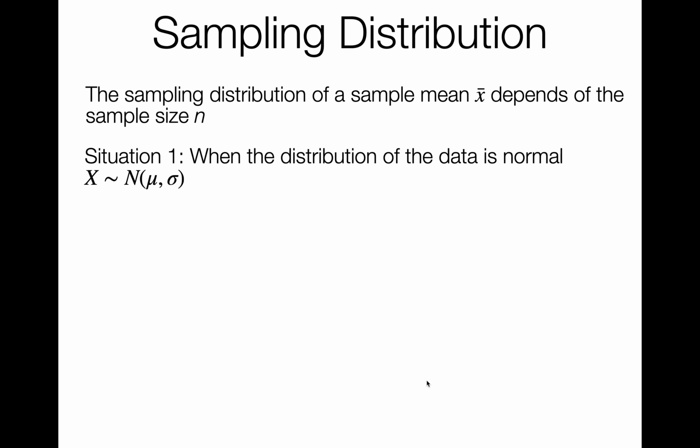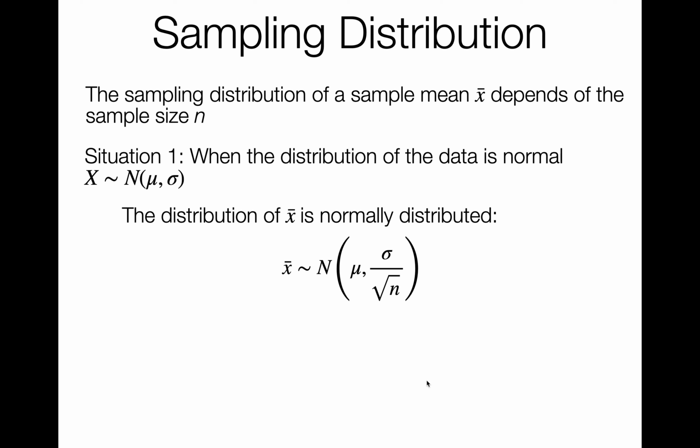When X is normal, then the distribution of x bar, which is the sampling distribution, is also normally distributed, with a mean of mu and a standard deviation of sigma divided by the square root of n. Now remember that mu and sigma come from the parent population.